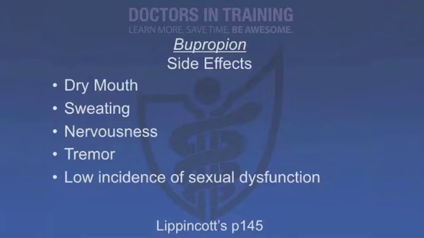Possible side effects of bupropion include dry mouth, sweating, nervousness, tremor, and a low incidence of sexual dysfunction. Because of this, we use this in clinical practice for patients who have had sexual side effects with SSRIs or SNRIs.